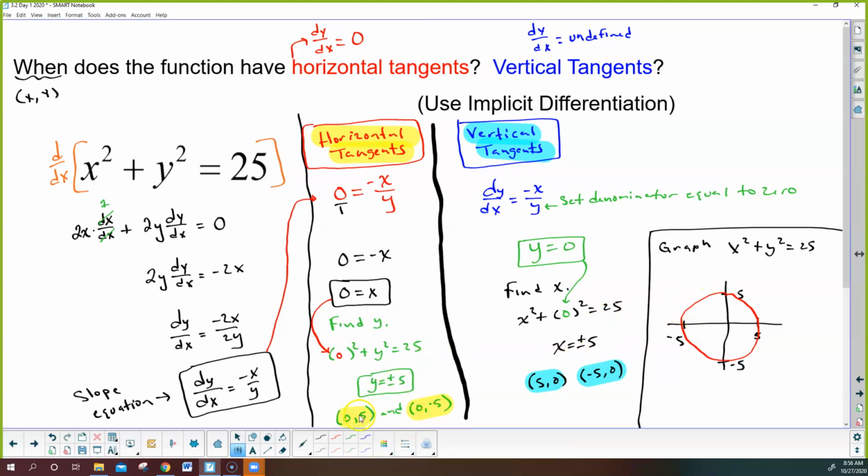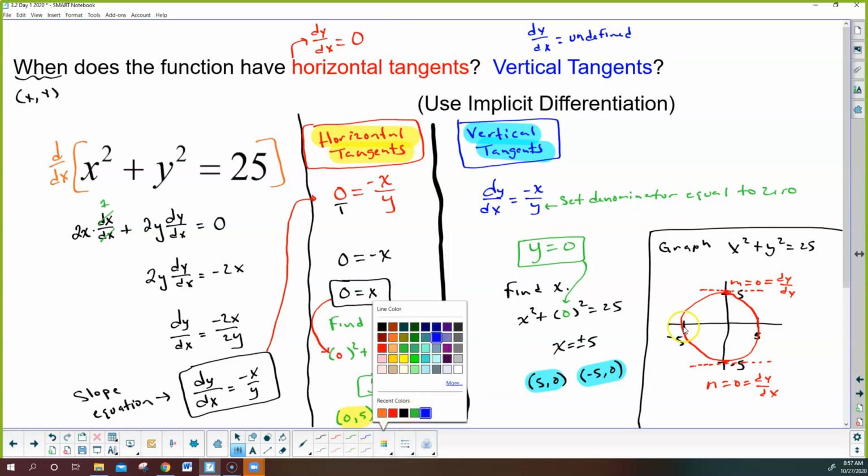Well, at the spot over 0, up 5 or over 0, down 5, what do you notice? The slope is 0, which is dy/dx. dy/dx is equal to 0 here and right here. The tangent lines. Those are my 0 slopes.